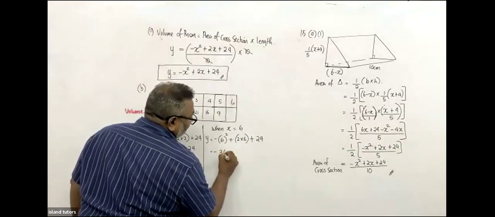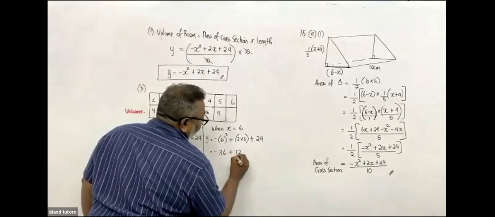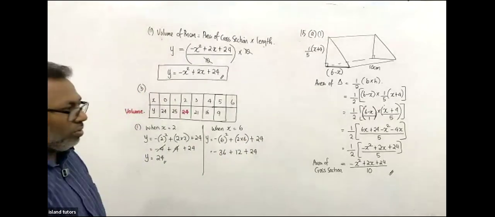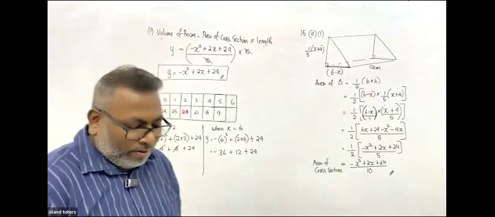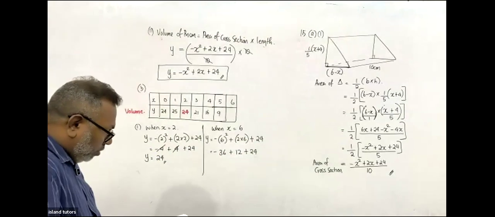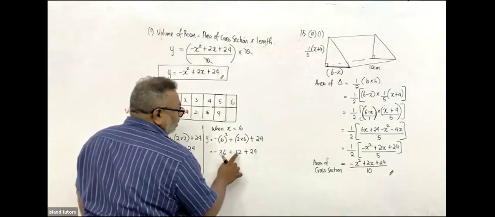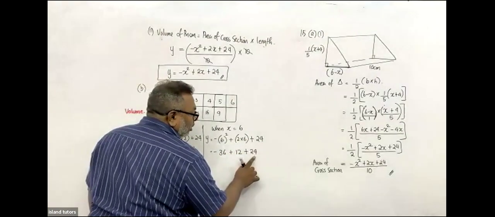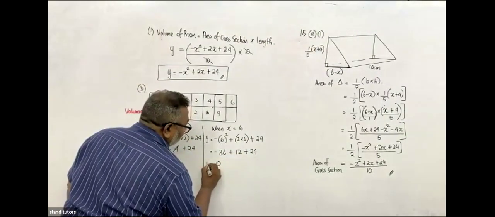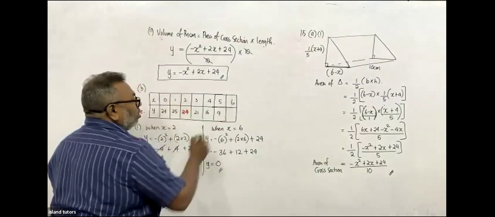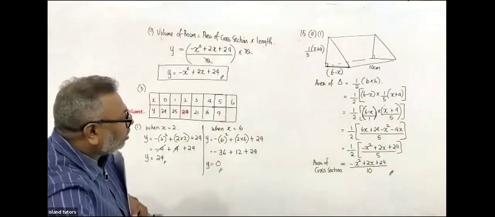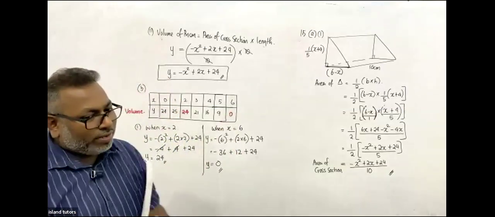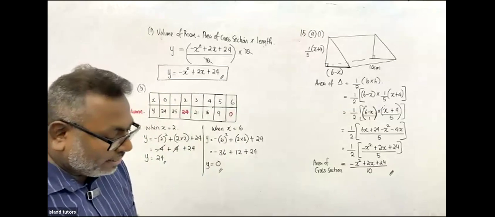So minus 36 plus 12 plus 24. Minus 36 plus 12 is minus 24. Minus 24 plus 24, you get 0. So for x equals 6, this is going to be 0. Right? So you've done the table, fill in the blanks.